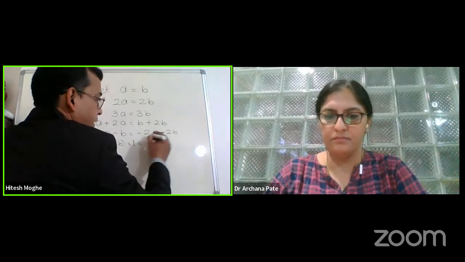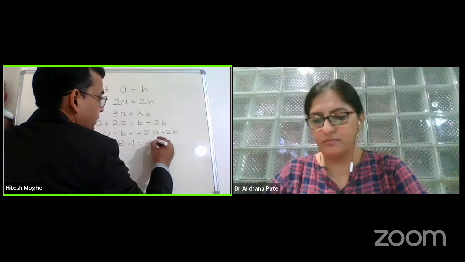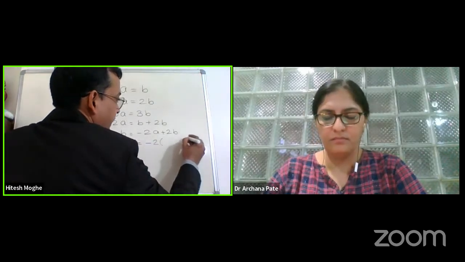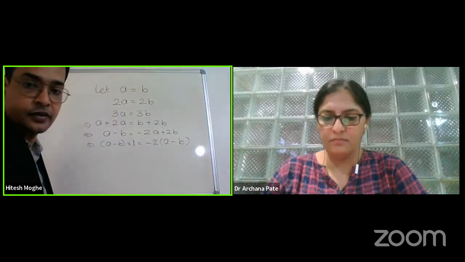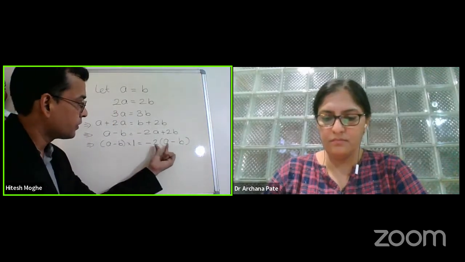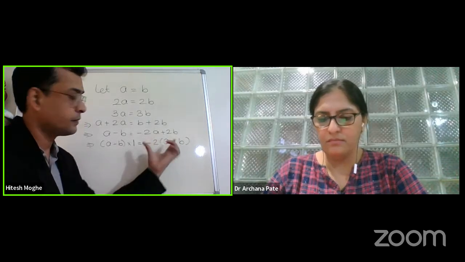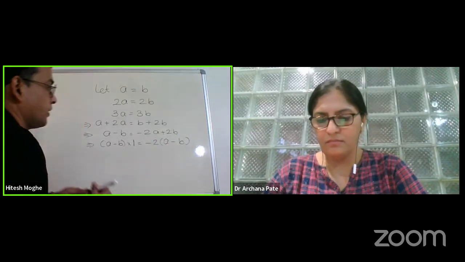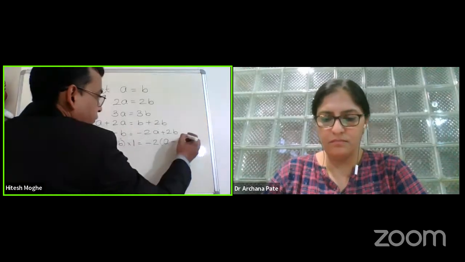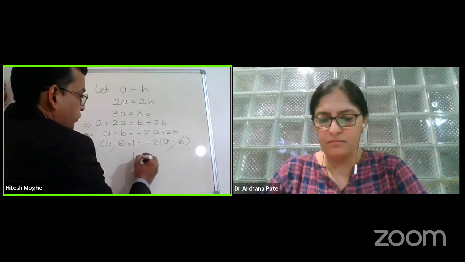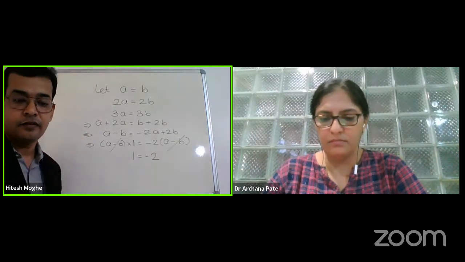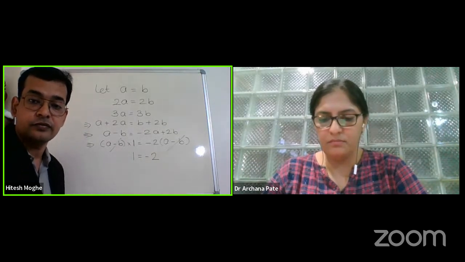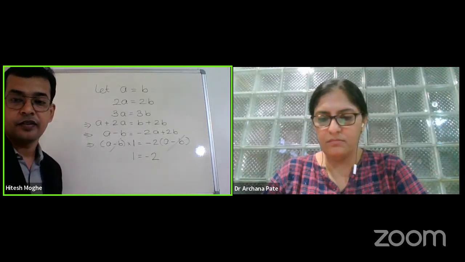Okay, now यहाँ से हम लोग minus 2 common लेते हैं. So if I take minus 2 common, you will have A minus B in the bracket. Isn't it? See, minus 2A, minus into minus plus 2B. So correct? I'll cancel A minus B from both the sides of the equation. I am proving 1 equal to minus 2, which is obviously wrong.